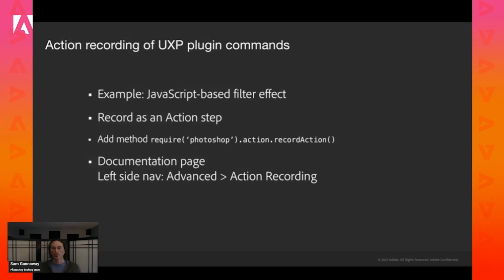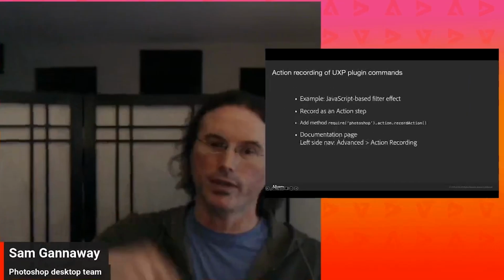To make that happen, we introduced a new method called recordAction, and it allows developers to make a function call that is defined inside of their plugins recordable as a step. Basically, it sends out a message to Photoshop to say, hey, if you're currently recording an action, jot this down as a step.